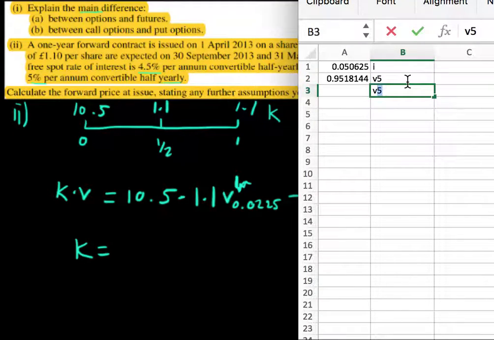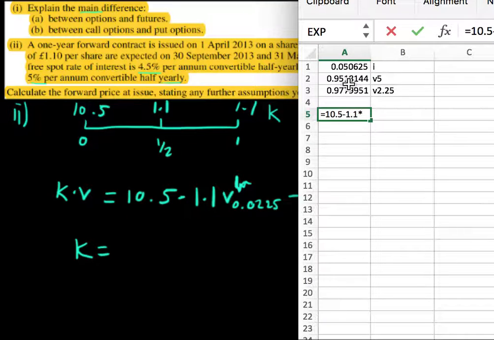And the other one is v2.25, which is equal to 1 divided by 1.0225. There we have it. Okay, so K is equal to 10.5 minus 1.1 times this v over here, and again minus 1.1 times this v over here.